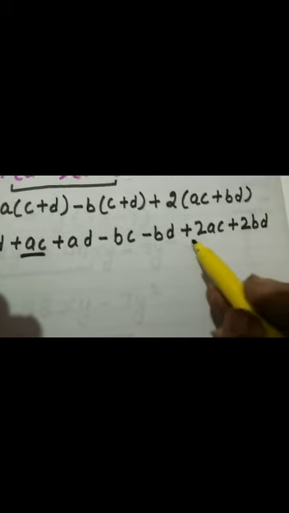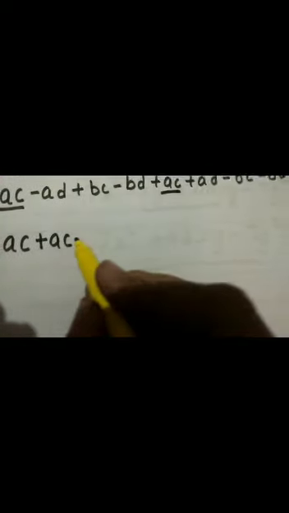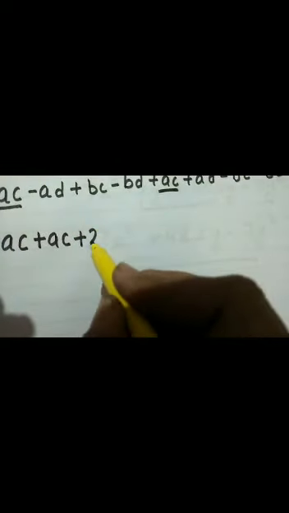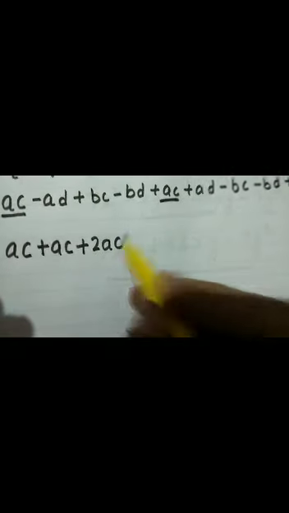Now like terms we'll write together. First term we have ac, we'll write this one, ac. Now we'll check, this is also ac, we'll write with this. Then we have the second last term ac, this is plus 2ac.